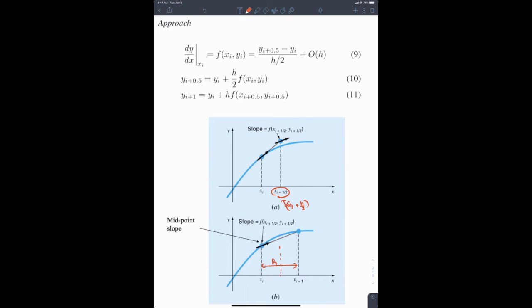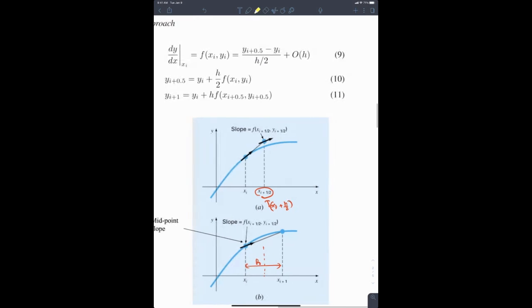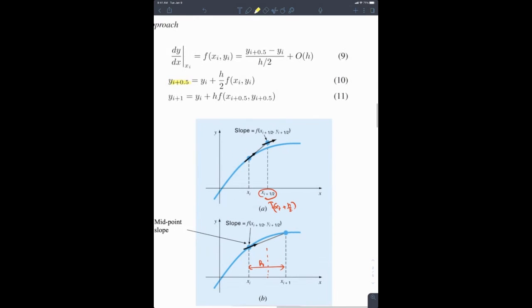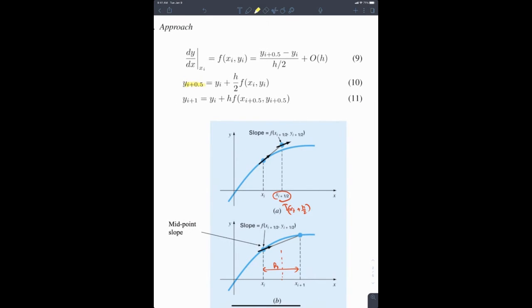If you know xi plus h by 2, then you can find y at the midpoint. Here, equation 10 is yi plus h by 2 times f(xi, yi). That's Euler's method, a direct application of Euler's method.